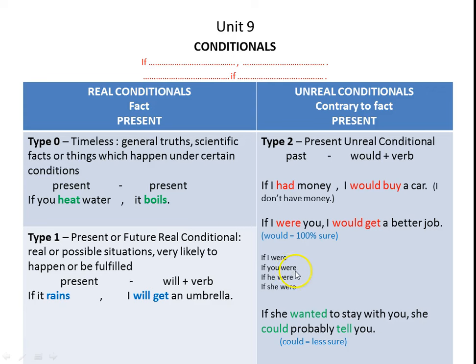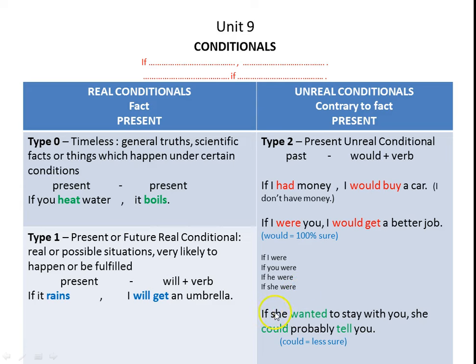This is the formal way, but still you can listen to native speakers say if I was you or if he was here, which is fine. We have to learn and use the formal way.